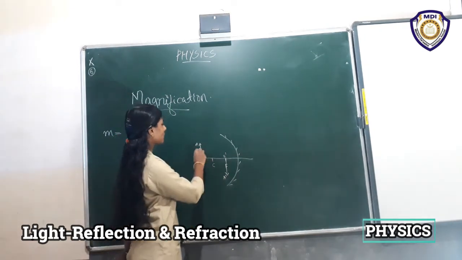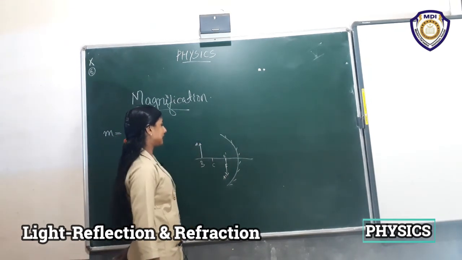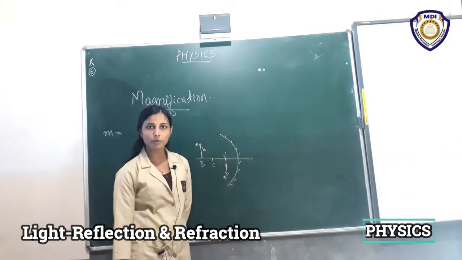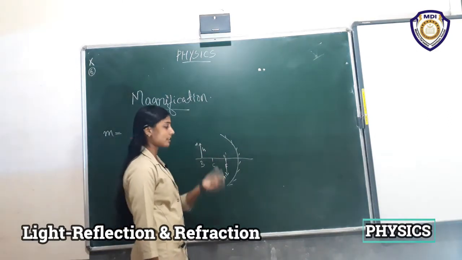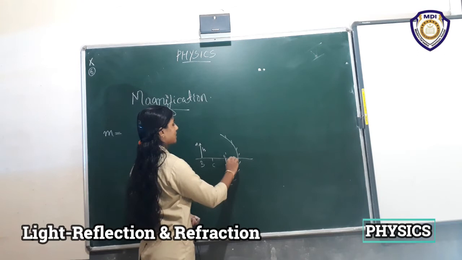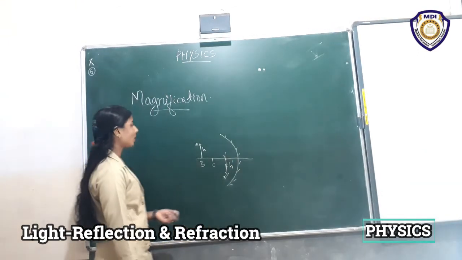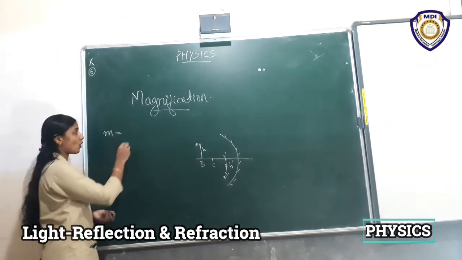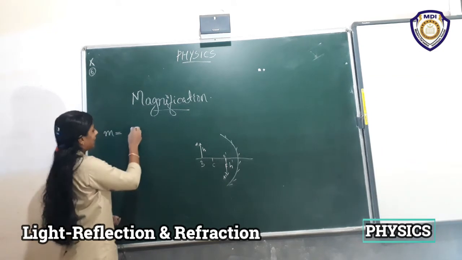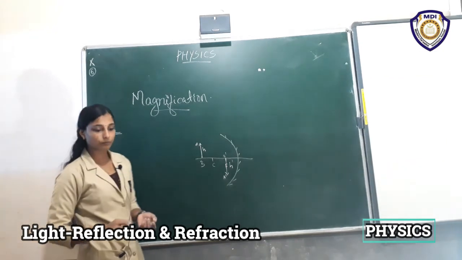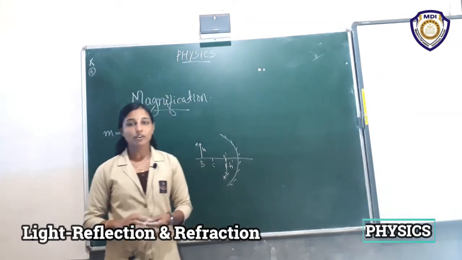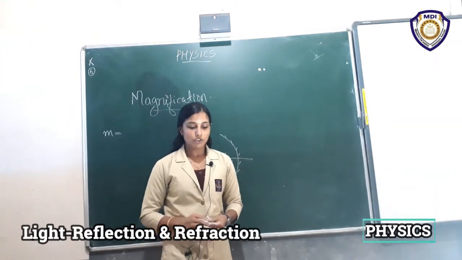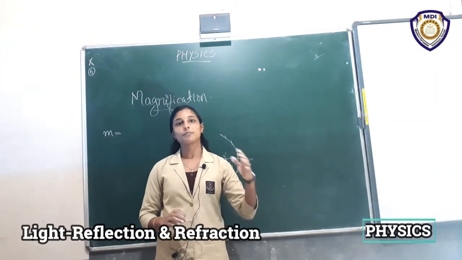Suppose the height of the object is h, and the height of the image is h dash. What will be the magnification? Magnification is the ratio of the height of the image to the height of the object.